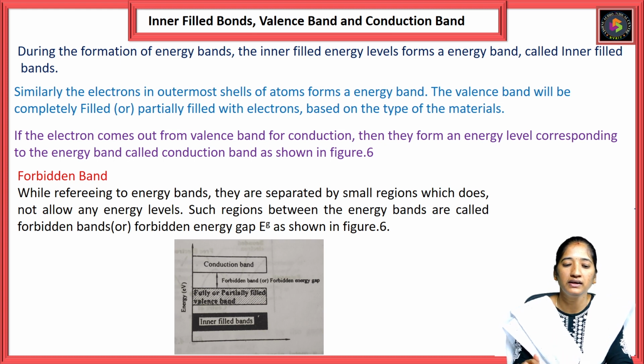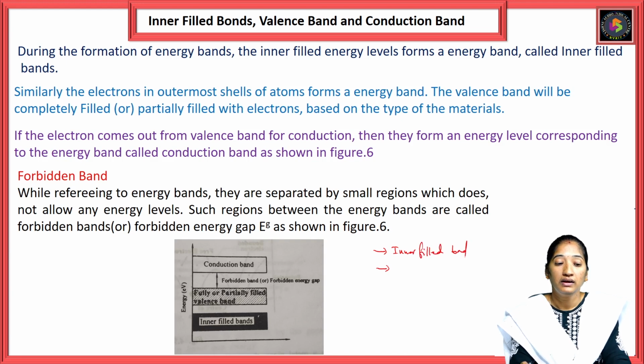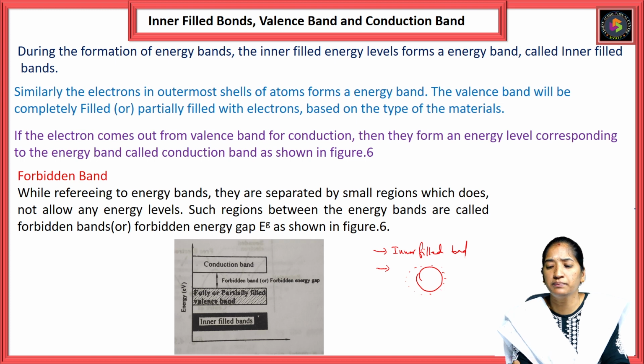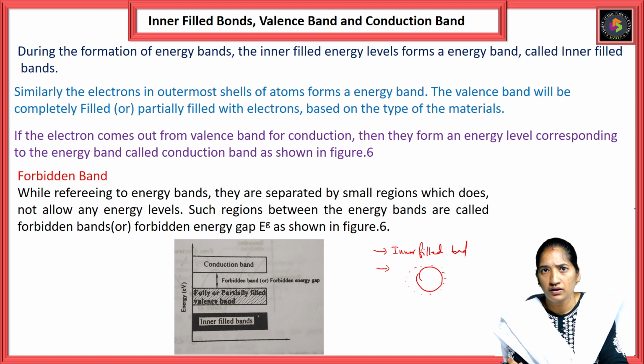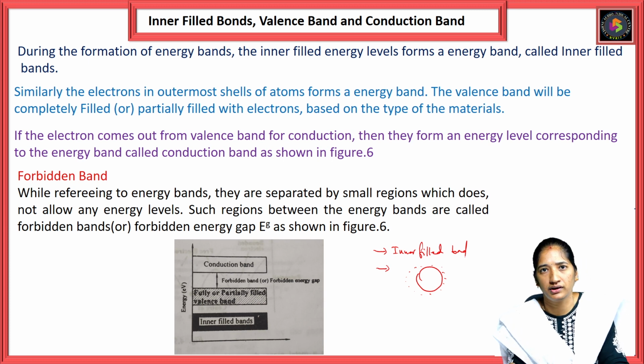After that, the electrons in the outermost orbits and outermost shell of atoms form an energy band called the valency band. It will be completely filled or partially filled, depending on the type of material.